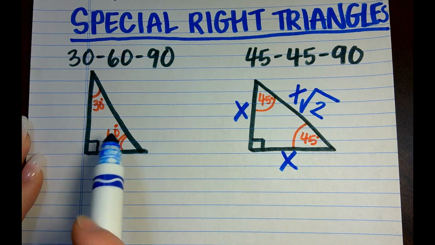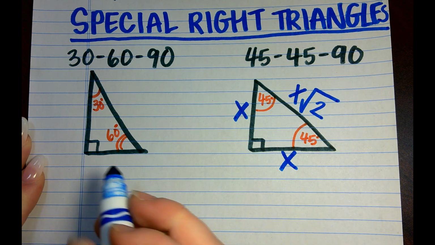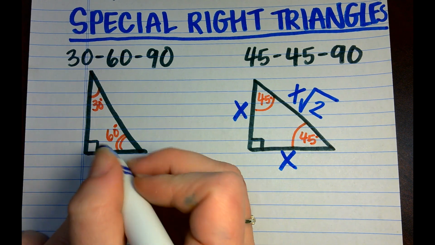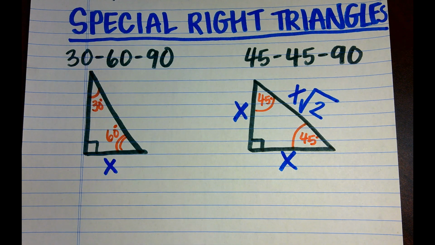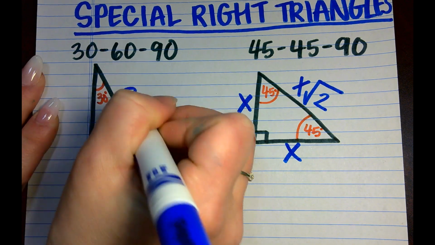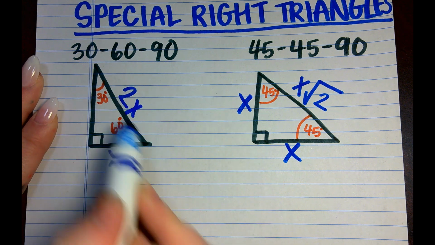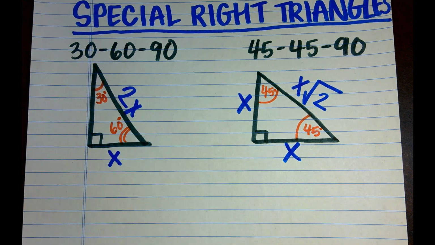Now the 30, 60, 90 has a different set of side lengths. My bottom side, we call X. My hypotenuse is 2 times the length of my bottom side. It's 2X.